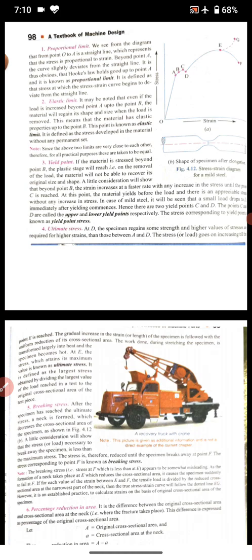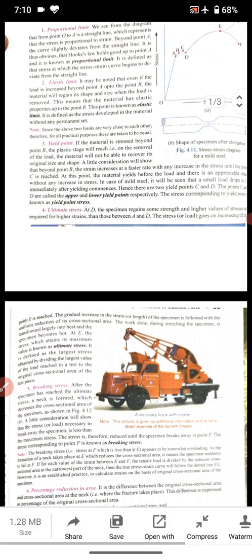Okay. Now breaking stress. As you see at point F, the material breaks away. As you increase the load beyond F, necking of the specimen occurs and the specimen cross section area goes on narrowing, narrower and narrower, then breaks.